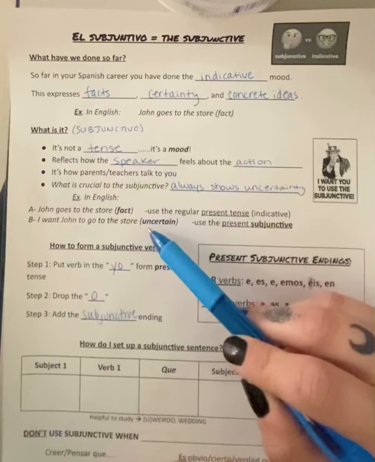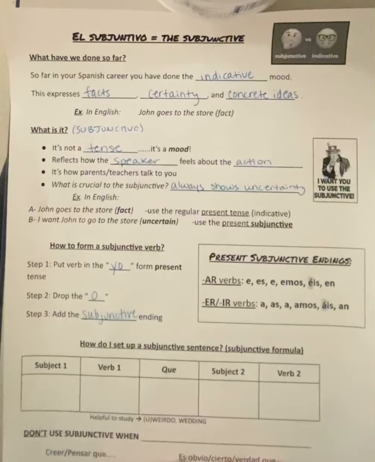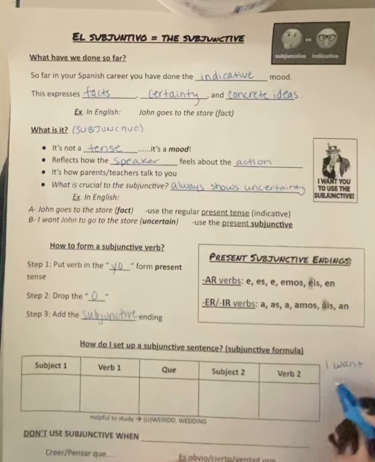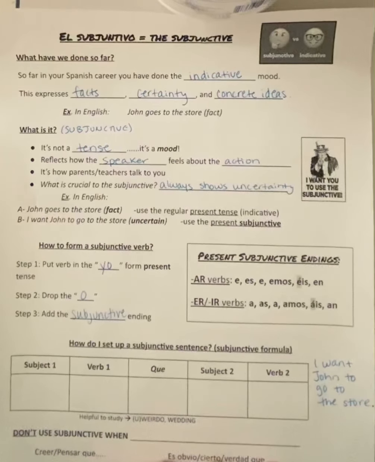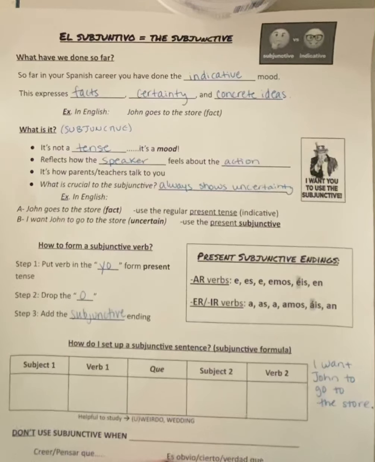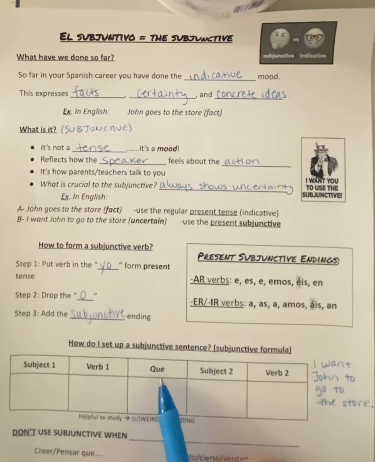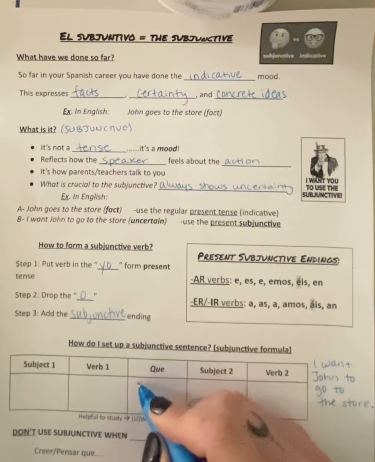I want John to go to the store. Okay. I'm going to write it down again. I want John to go to the store. All right. So in this case, this connecting word que, it really means that.